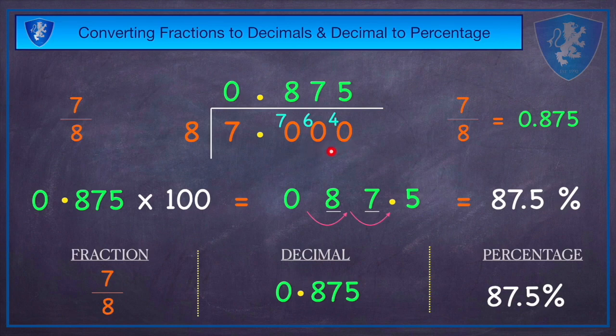And so 7 over 8 is 0.875 as a decimal. Another important one. And then you convert it into a percentage, multiplying by 100, and you can see here 1 and 2 places gives you 87.5%. So fraction 7 over 8, and the decimal is 0.875, and percentage conversion is 87.5%.